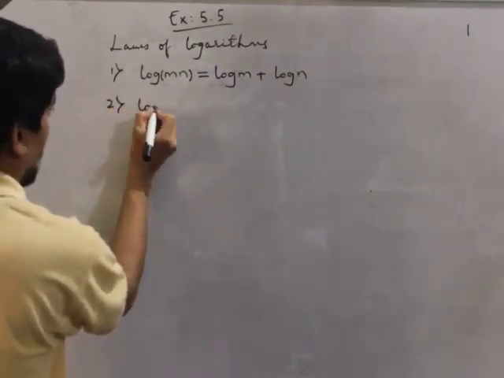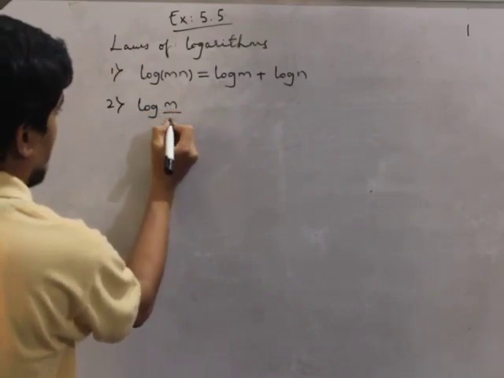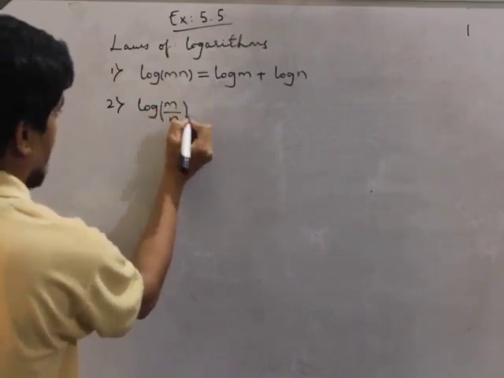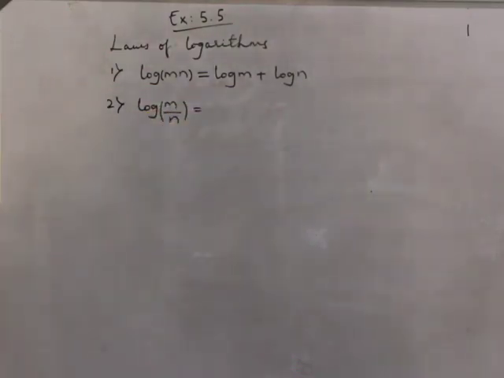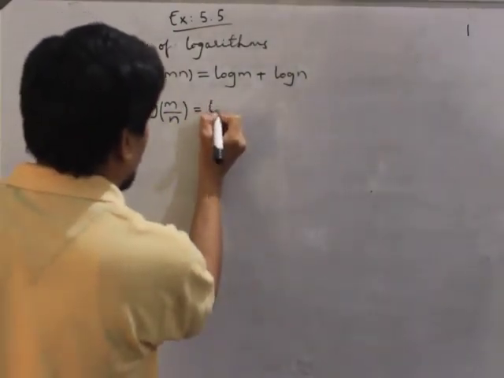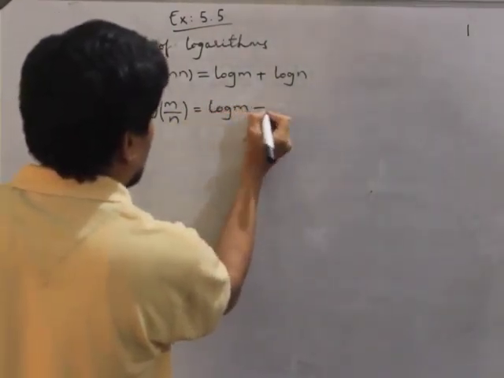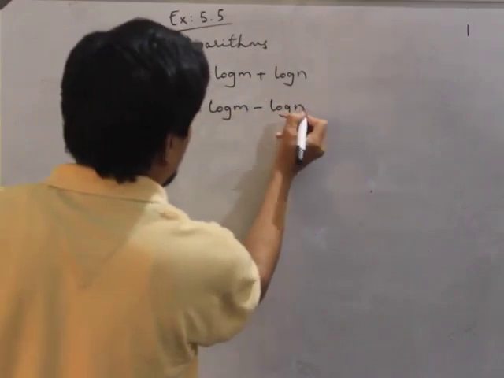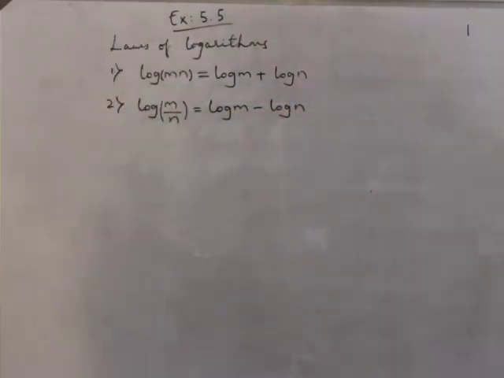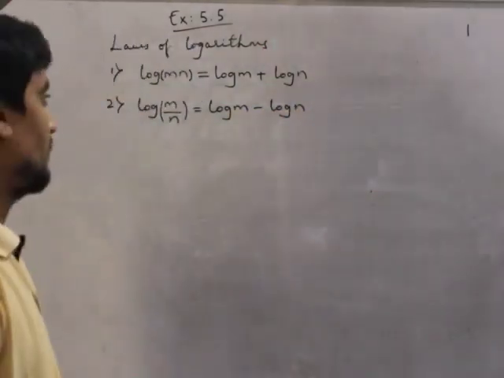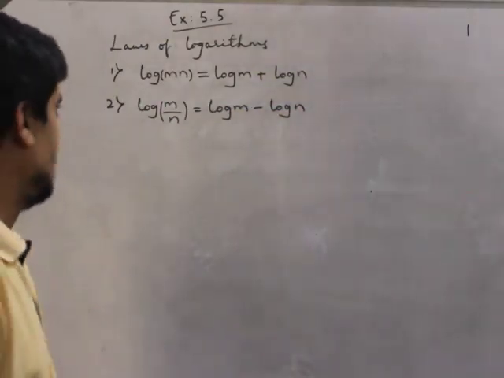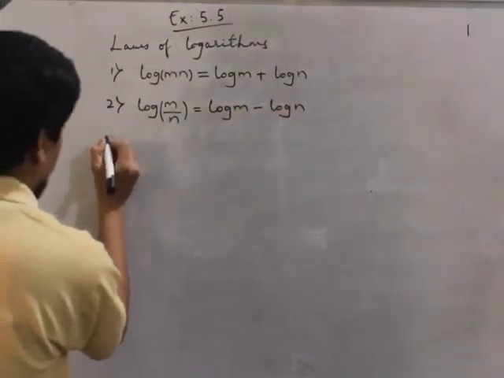Second law, log of m by n, again I will write the brackets here, log(m/n), we can write it as log m minus log n. This is another important rule which you have to apply in this exercise. Next, number 3.